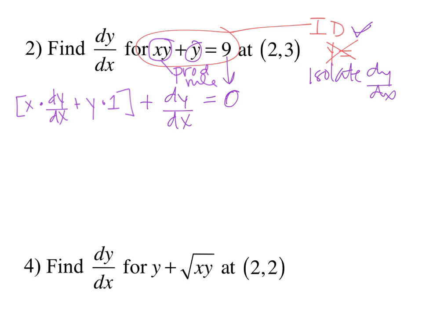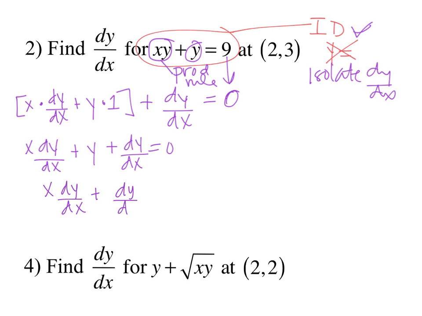So let's do that. We have x dy dx plus y plus dy dx is equal to 0. Right now we're just going to do some algebra. I'm going to move this y over here. So x dy dx plus dy dx is equal to negative y.